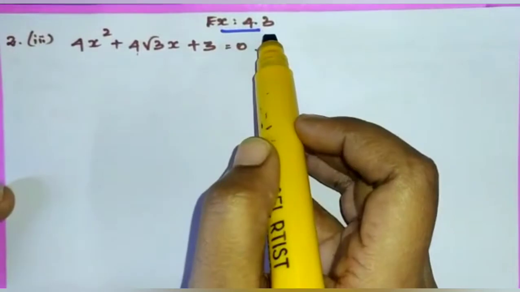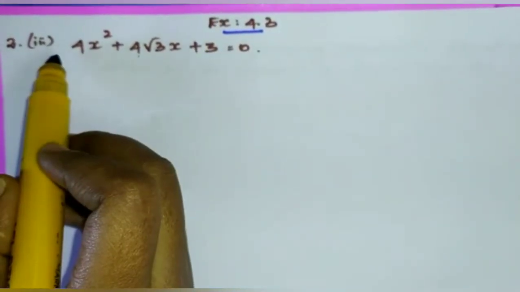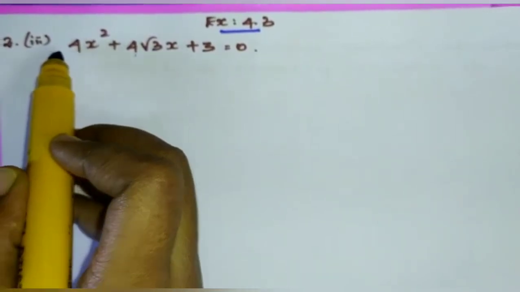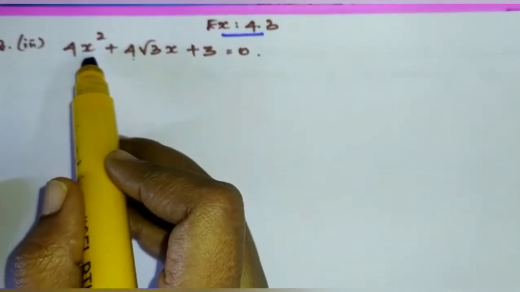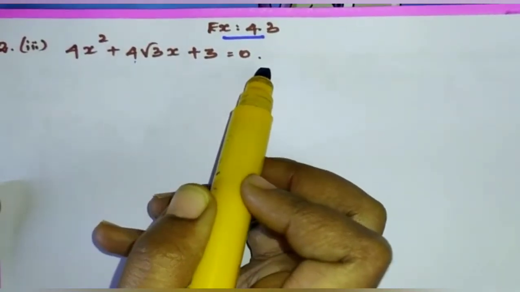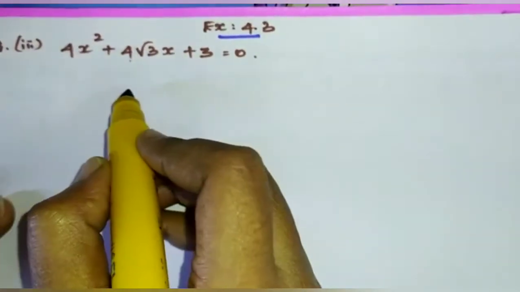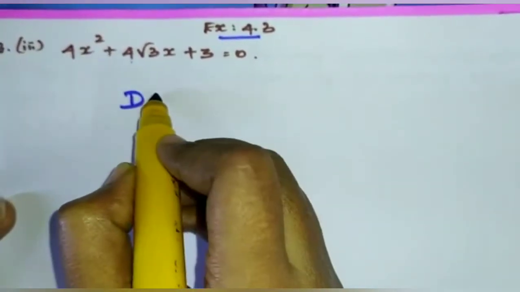Next, exercise 4.3, second problem, third subdivision. 4x square plus 4 root 3x plus 3 is equal to 0. First, what we have to write? Discriminant formula.